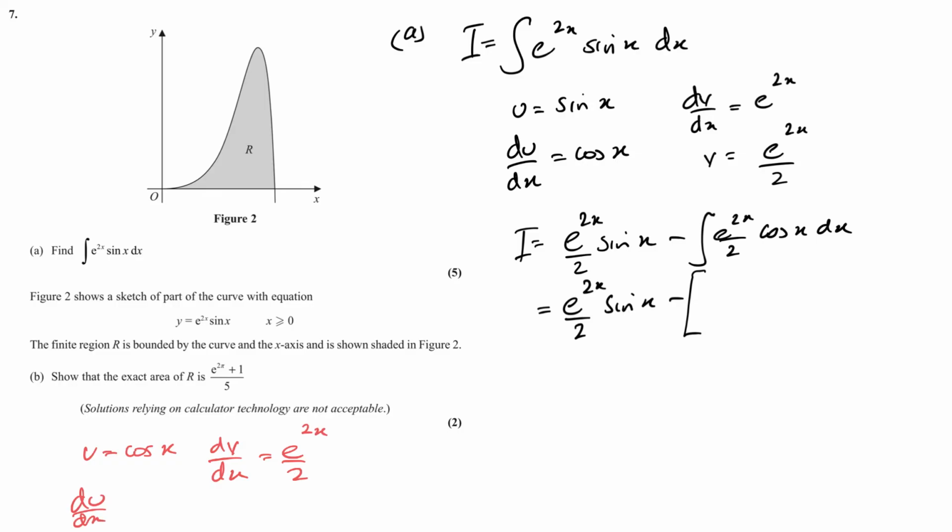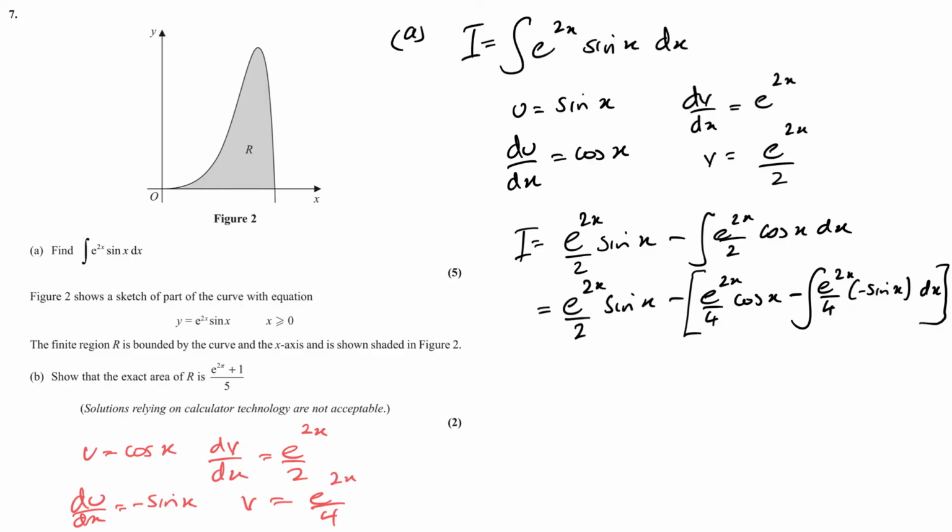So du by dx is minus sine x, and v is going to be e to the 2x over 4. That will give me uv as e to the 2x over 4 cos x minus the integral of e to the 2x over 4 multiplied by minus sine x dx. And just squeeze that in there.